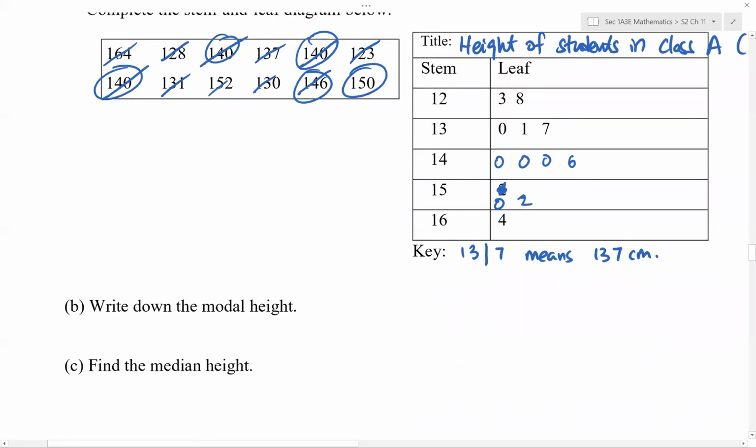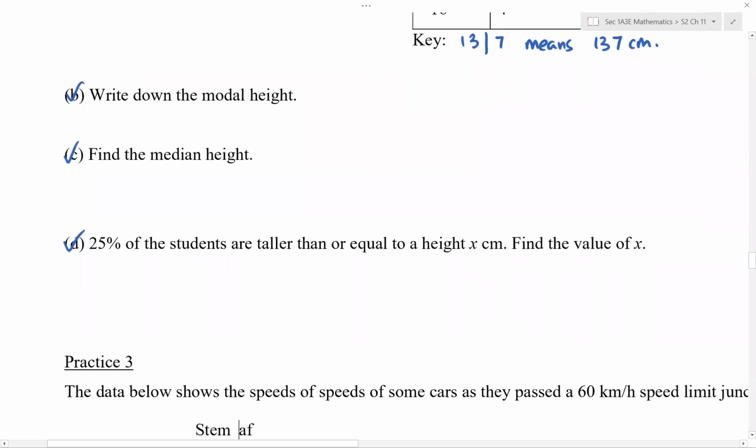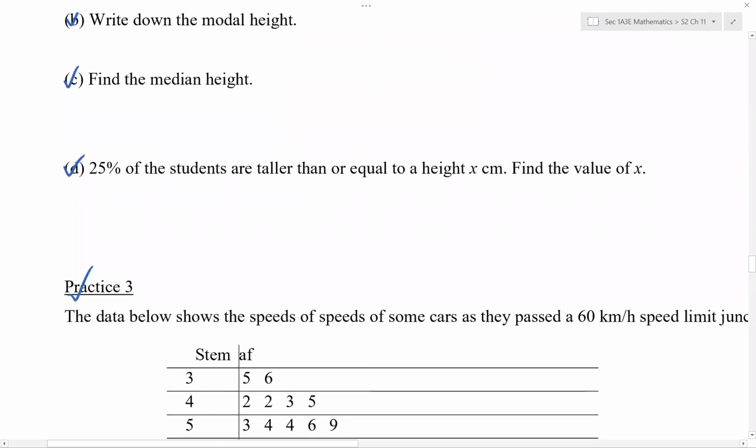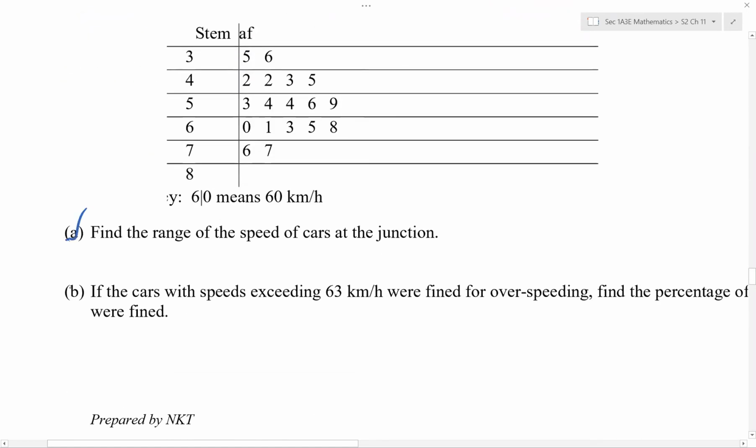Okay, so now write down the mode, the median, all these, you can do them. Hardy, you also can do it by yourself. Practice 3, go ahead and try also. The concepts are all the same.